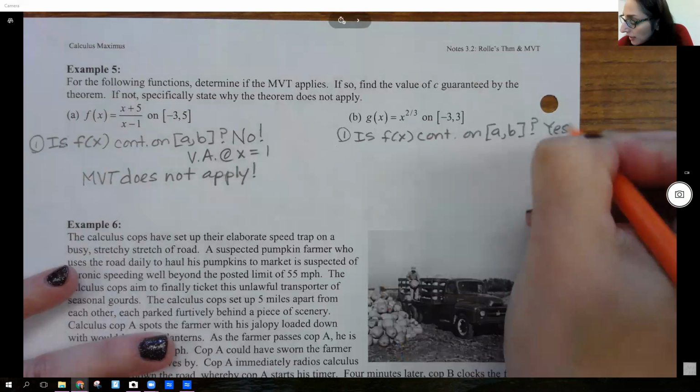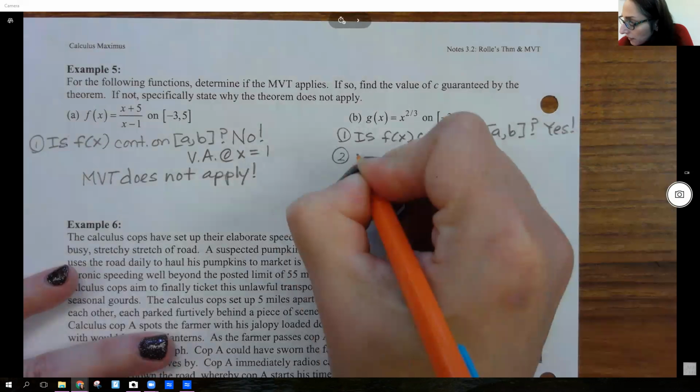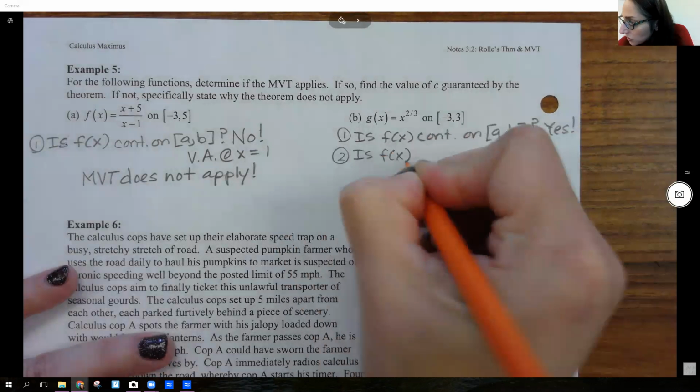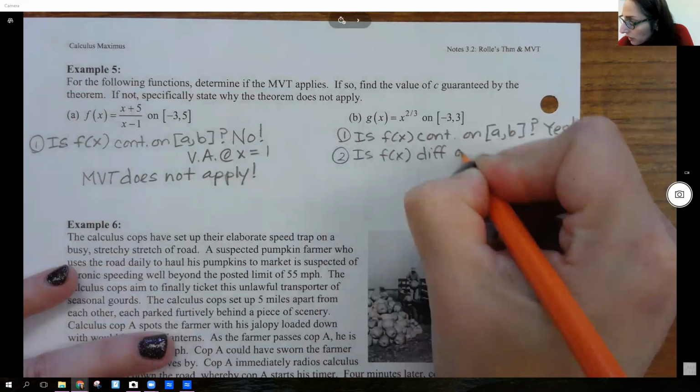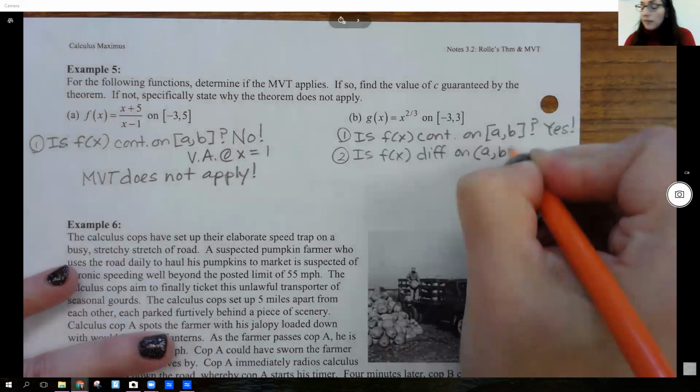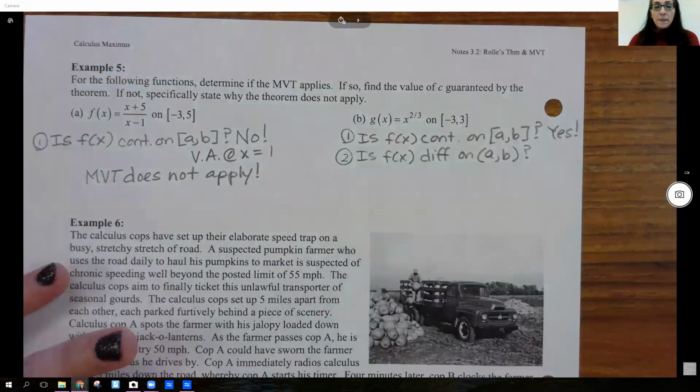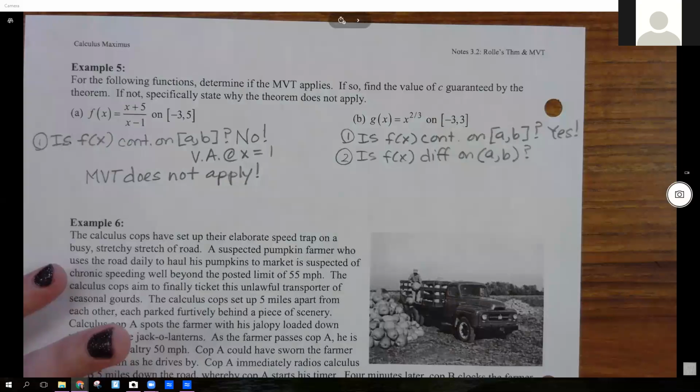Very good. Is it differentiable on the open interval from a to b? No. Why? I guess because it was one of the examples where it seems like the answer is going to be no.